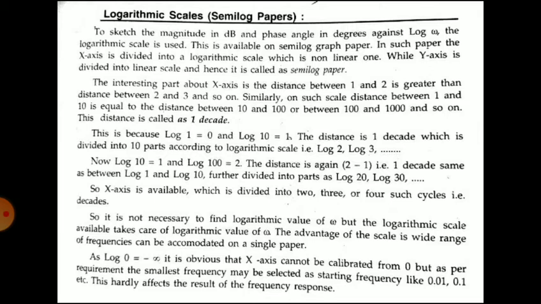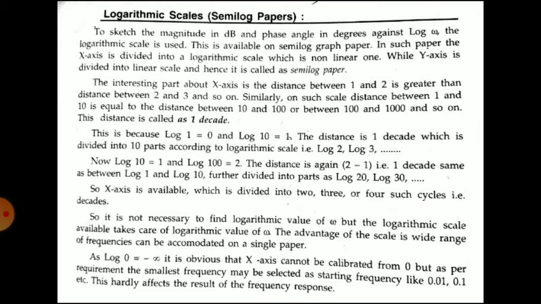According to the logarithmic scale, that is log 2, log 3 and so on. Now log 10 is equal to 1 and log 100 is equal to 2. The distance is again 2 minus 1, that is 1 decade, the same as between log 1 and log 10. It is further divided into parts as log 20, log 30 and so on.